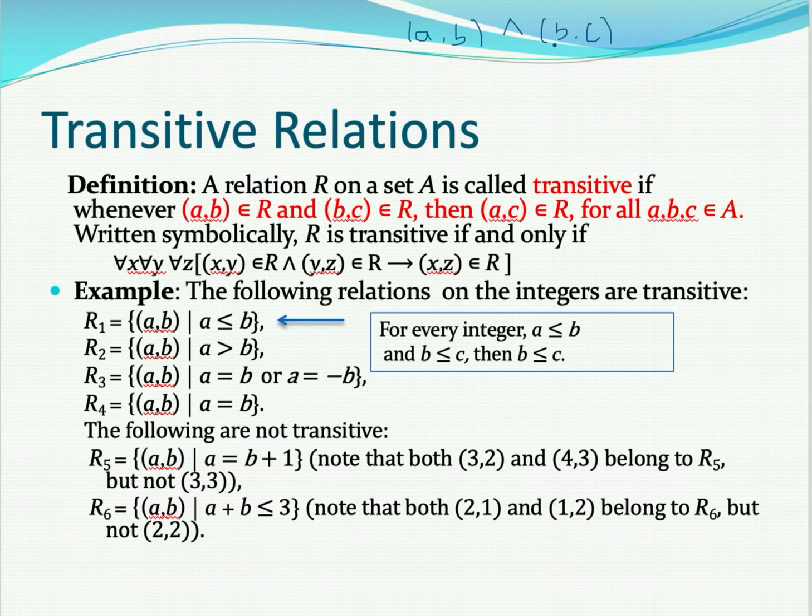If this happens, then AC must be an element of R. So if this happens, then we can say that the relation is transitive.